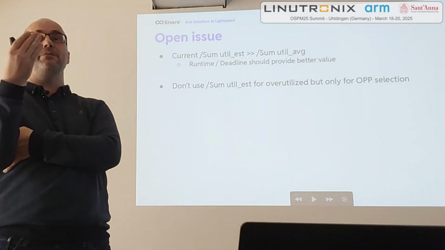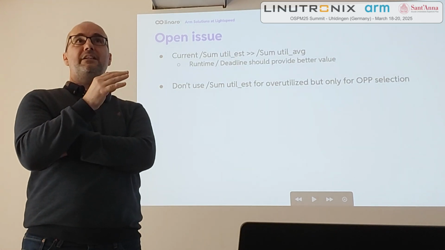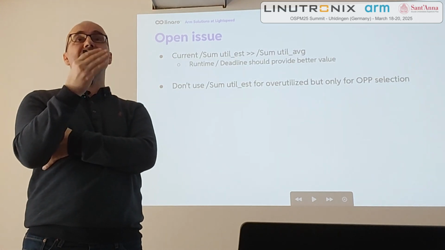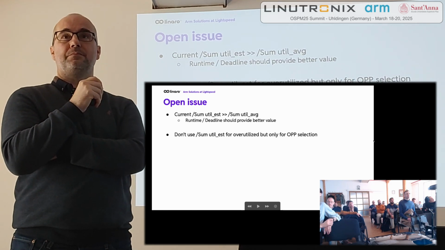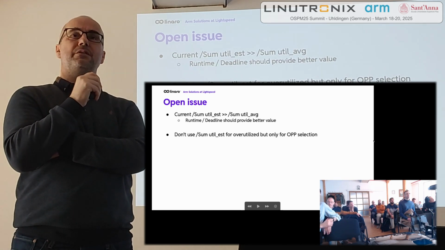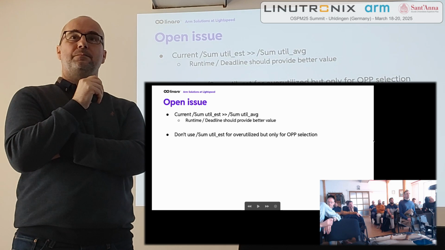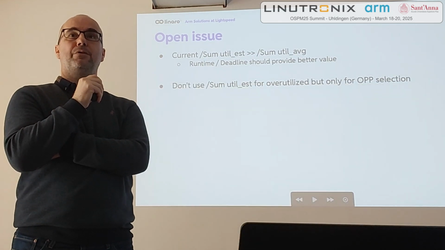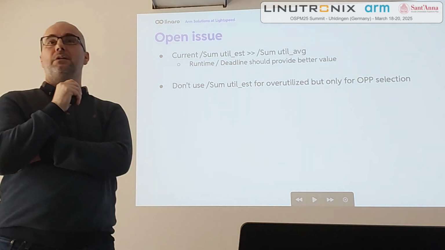The UTLS is the estimate of each task, and right now the UTLS is clearly overestimating the max compute capacity of a CPU. But the util average is inherently capped, so you couldn't really. No, it's not. Well, to some extent anyway. Using it for overutilized, using just util average will work, right? For the overutilized, I'm not sure. That's another thing.